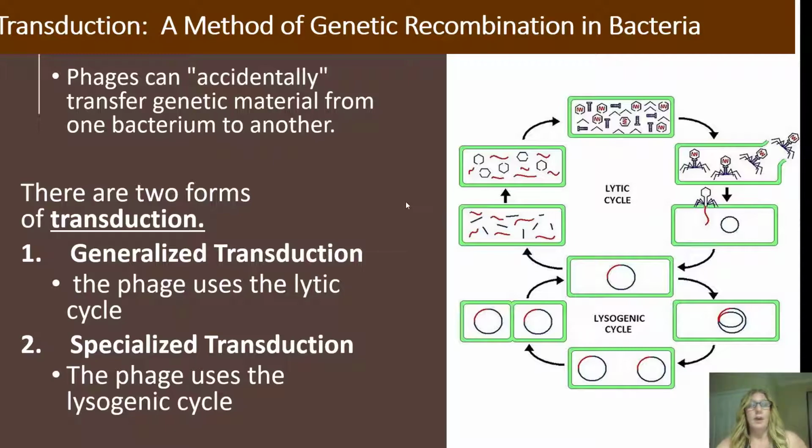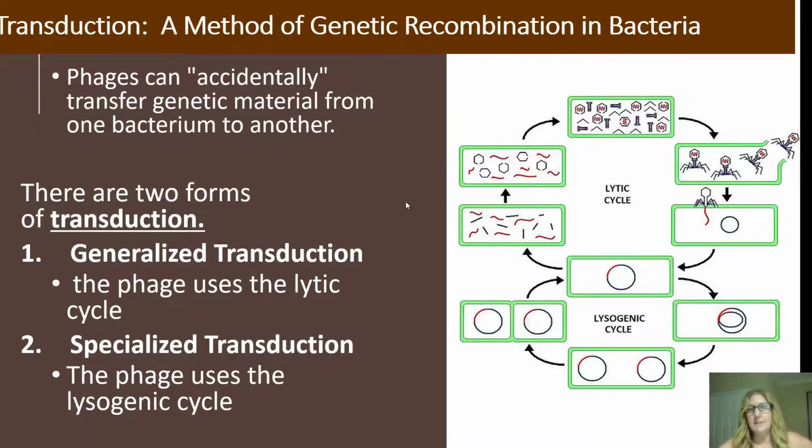Okay. Another way in which genetic recombination can occur in bacteria is through viral infections. And this does happen in nature. It's not super common. It's a little bit rare, but it is a natural process that we've seen occur.